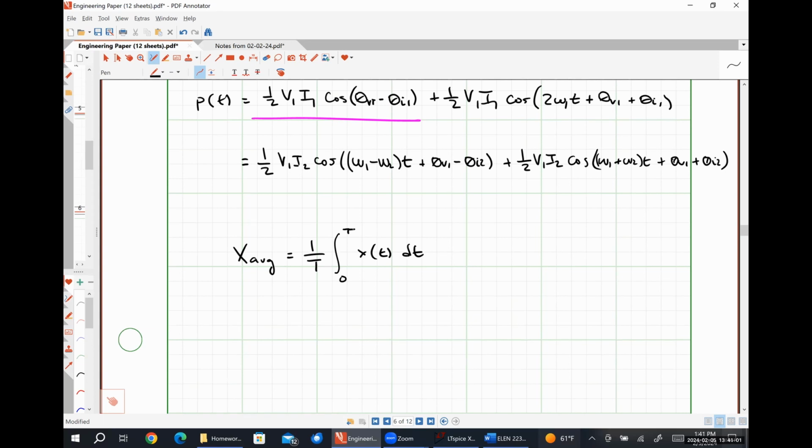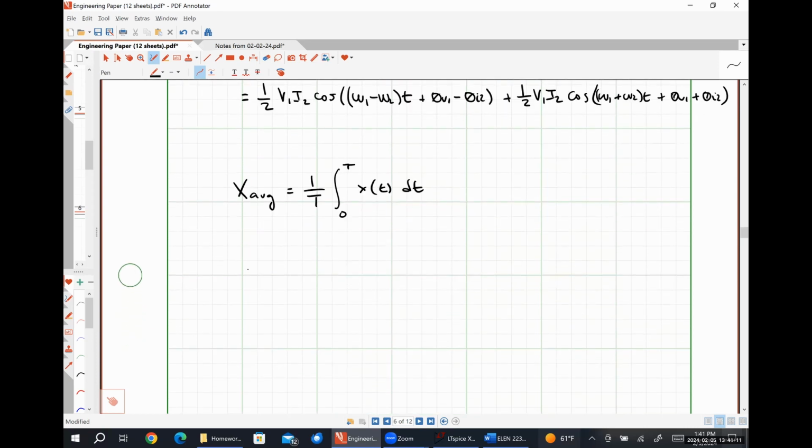If my angular frequencies weren't related to each other, say an irrational relationship, let's say signal 1 had omega 1 equal to 2 radians per second, and omega 2 were pi radians per second, I'm not going to get a periodic function. It's literally impossible to get a periodic function.